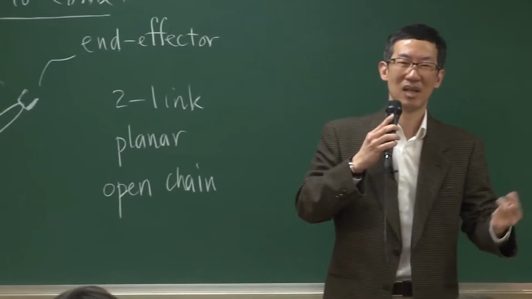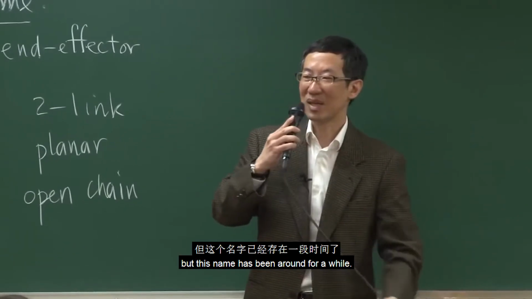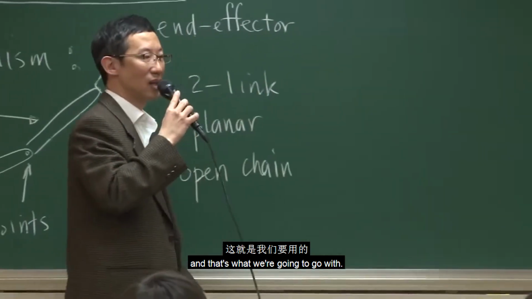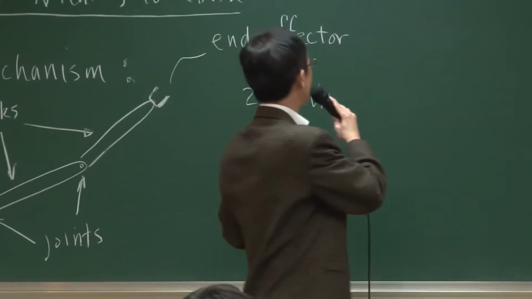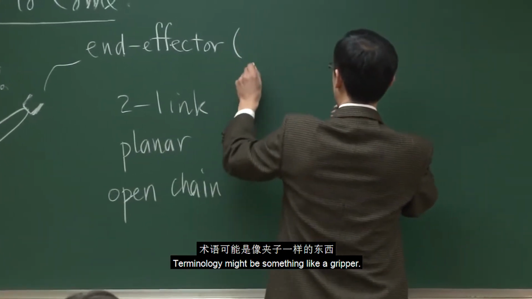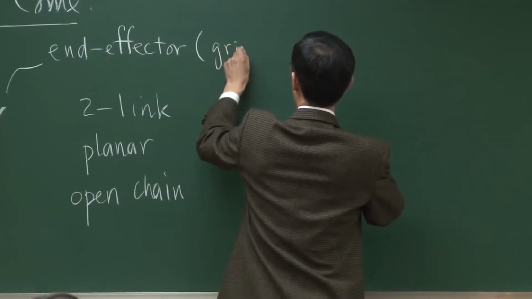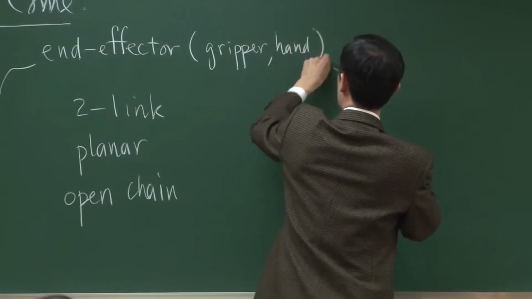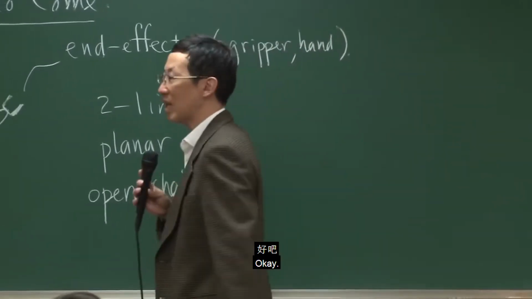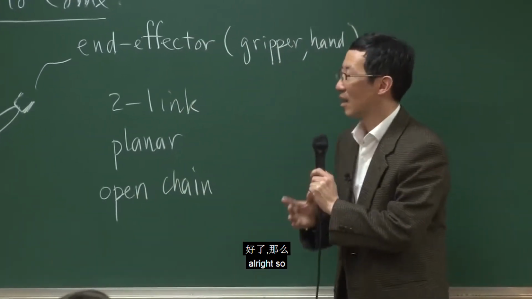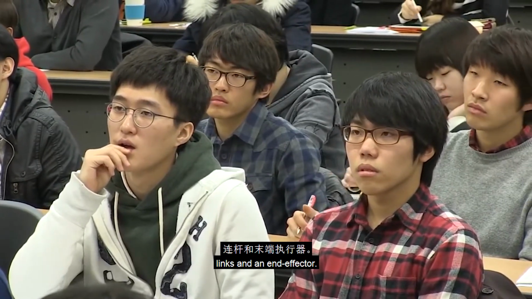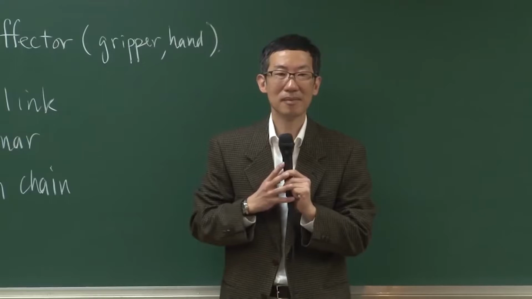Okay. Wouldn't be my choice, but this name has been around for a while, and that's what we're going to go with. More descriptive terminology might be something like a gripper or a hand. Okay? All right, so a typical robot consists of joints, links, and an end effector.